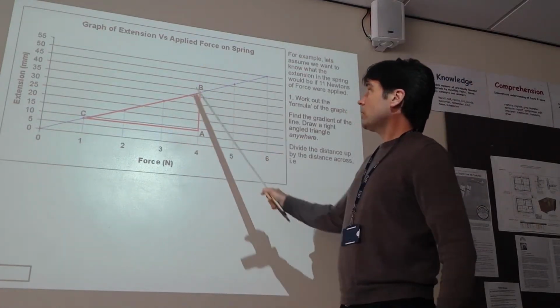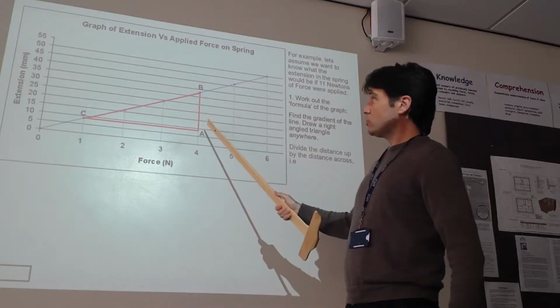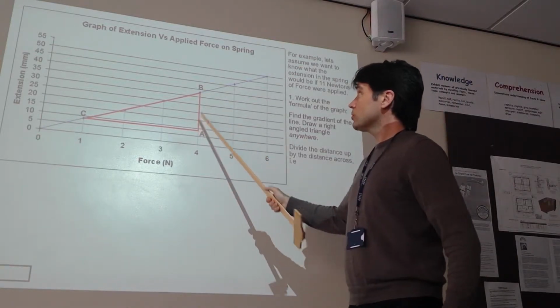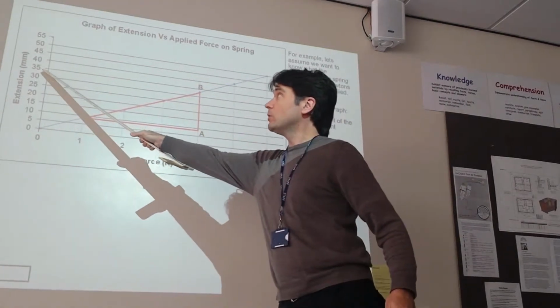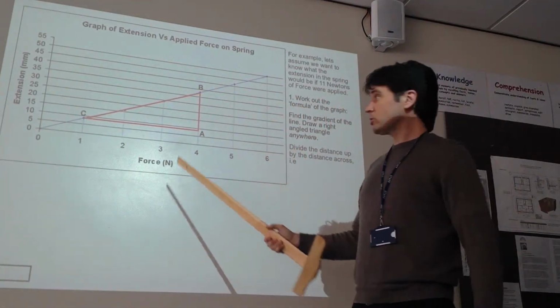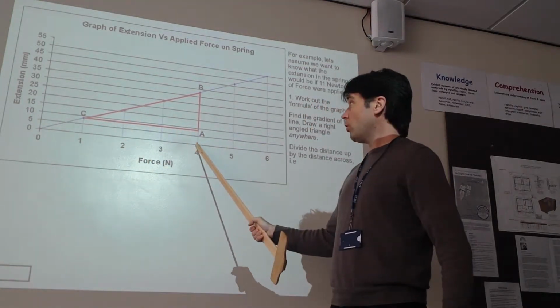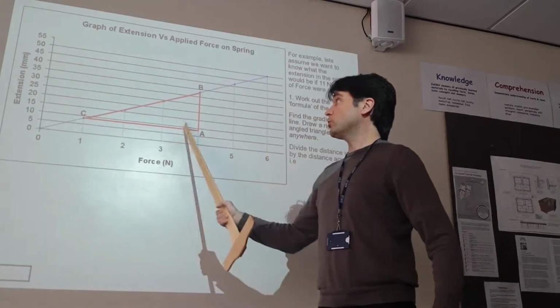So I've got triangle A, B, C, and we want to work out the distance up between A and B, so I'll have to take that number from that number, and then the distance across between A and C, which is quite easy because it's 4, take away 1, so that one's going to be 3.